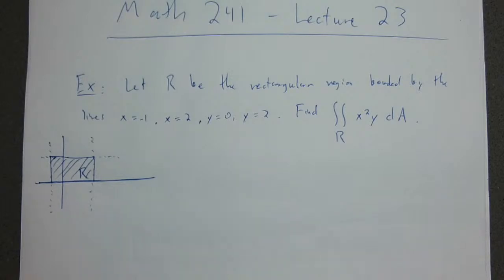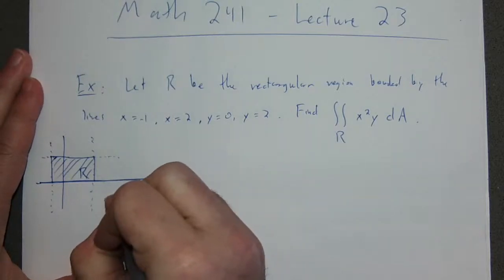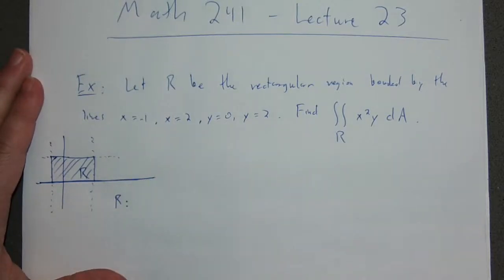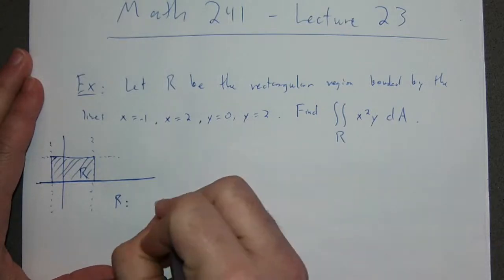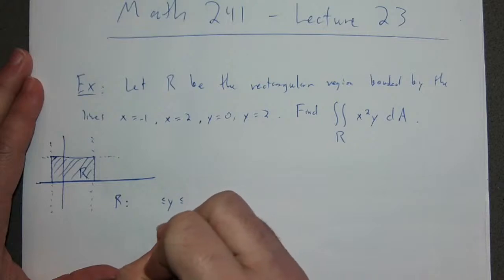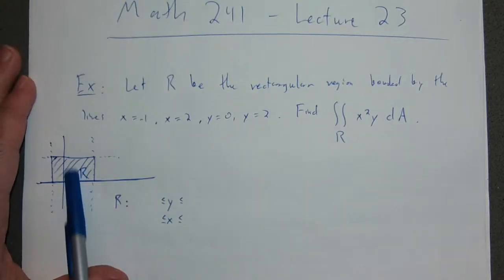So immediately you see that this region is simple, and so I can describe it as vertically simple or horizontally simple. Let's describe it as a vertically simple region. I need functions that bound y on some interval that bounds x. What are my functions that bound y?